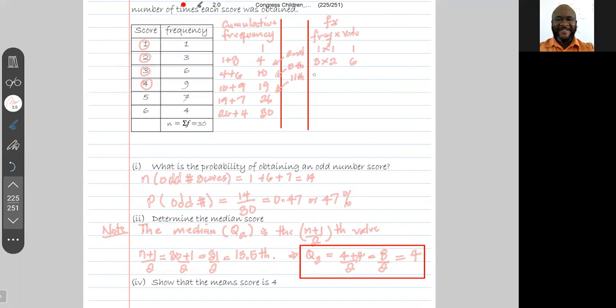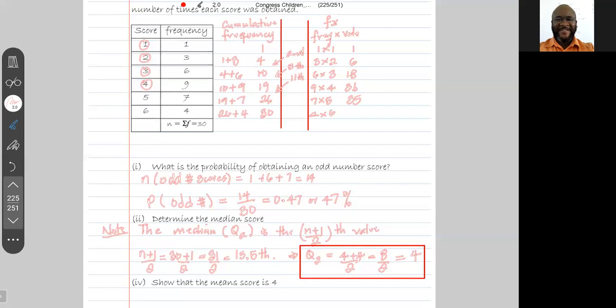This is 6 times 3, 18. 9 times 4, and this is 36. 7 times 5, 35, and 4 times 6, this is 24.